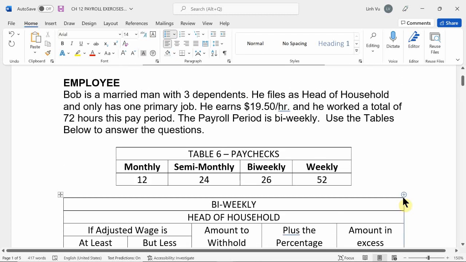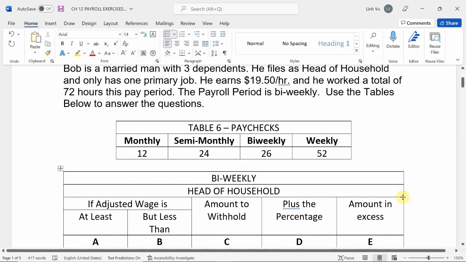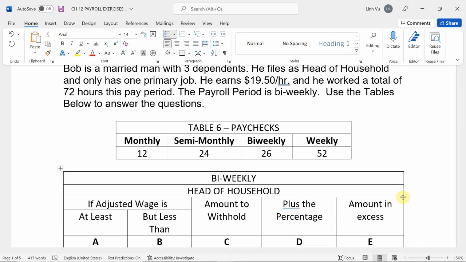How often does he get paid? Bi-weekly. He gets paid bi-weekly. What else do we need to do? How do we initiate the process of finding out his federal income tax withholdings? What's the first thing that you have to do?